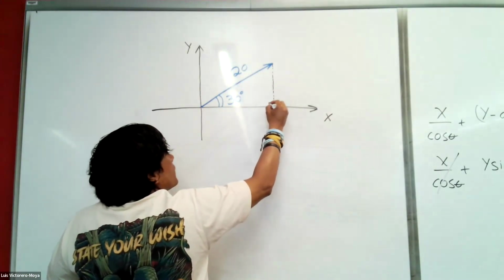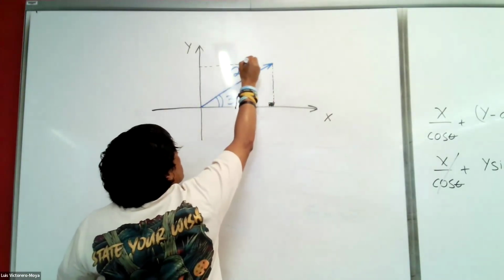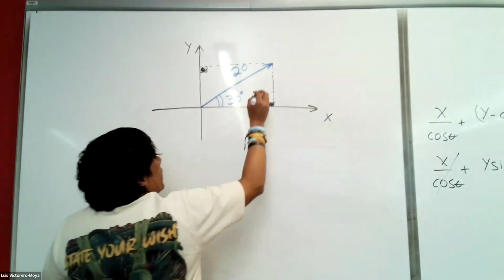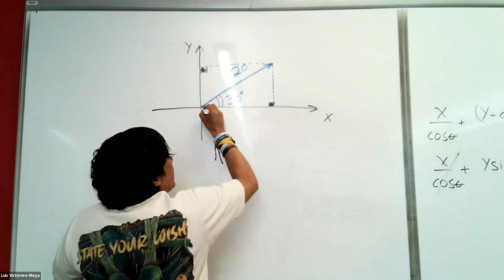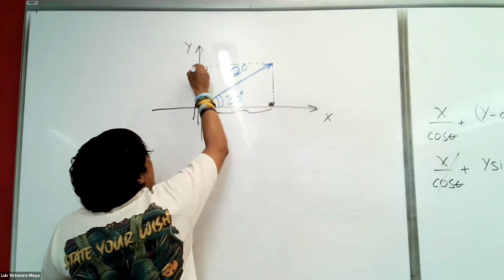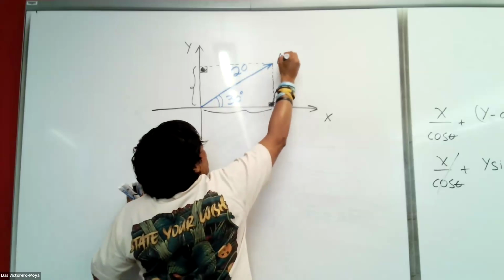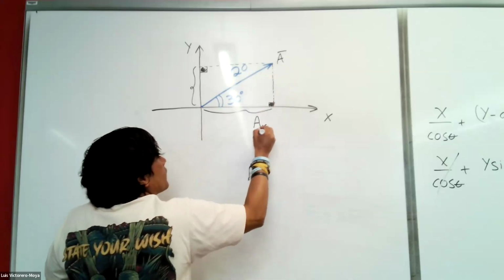This is 90, and we have this also 90 degrees. So you can find the X component and the Y component. Let's say this vector A. So AX, AY.